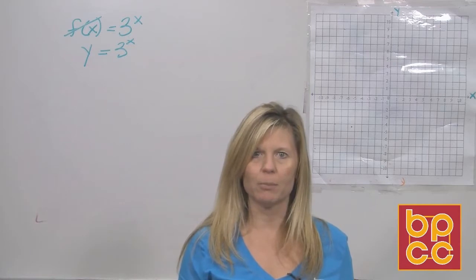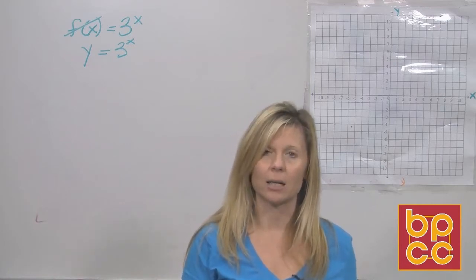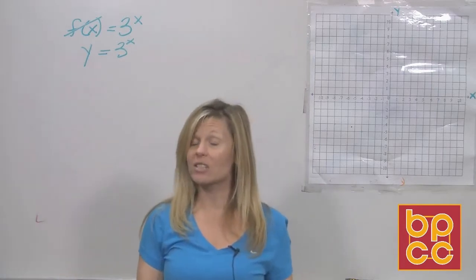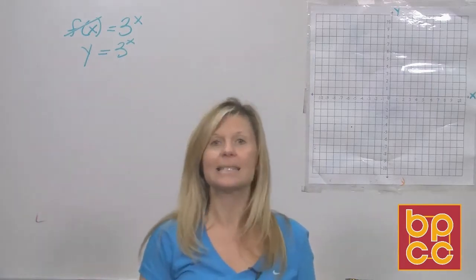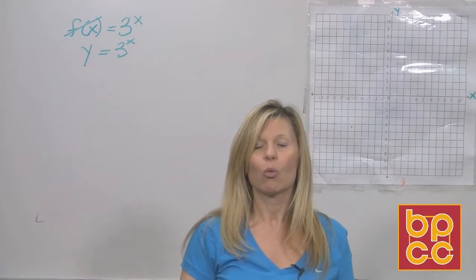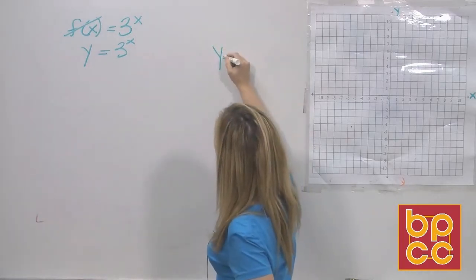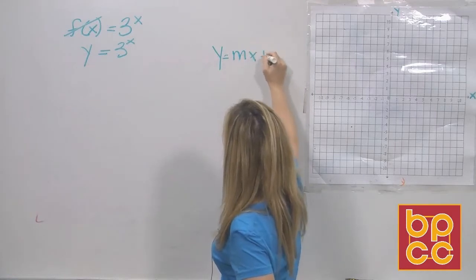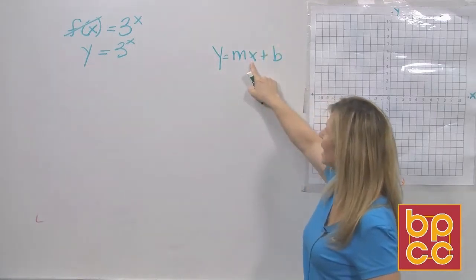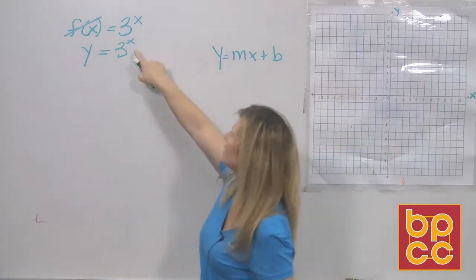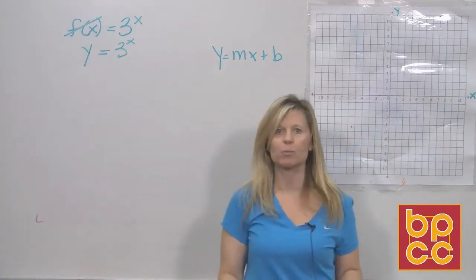The next question is, is it a linear line? Well, you're going to look at it and say it has a y and an x. It looks like a diagonal line, but it's not, guys and gals. Remember, the equation of a diagonal line is always y equals mx plus b, which means the x is connected to a number by multiplication. Is that x connected to 3 by multiplication?